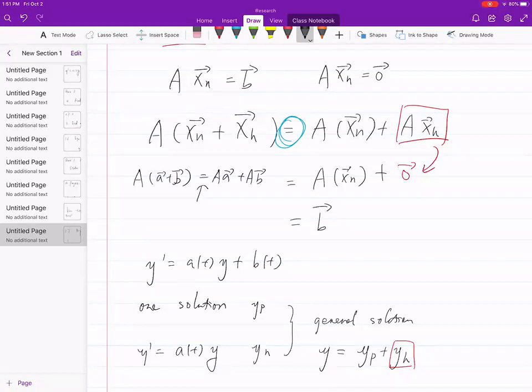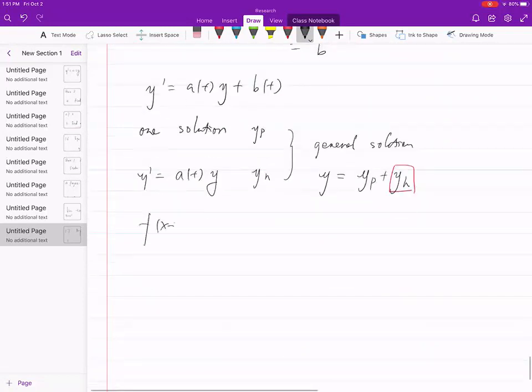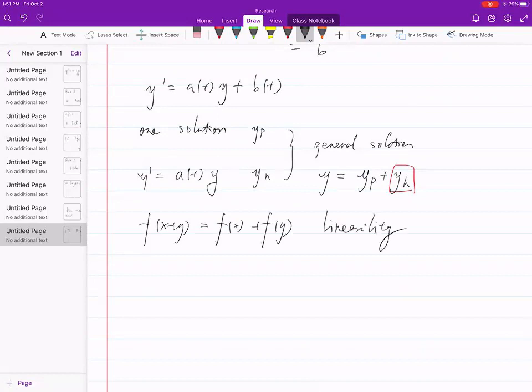Do you recall how we call this property? We're basically saying f(x plus y) equals f(x) plus f(y). That's called linearity. That means your function is linear. Now, all the pieces are here. That's why we're talking about linear differential equations here, because if you are not linear, all the analysis I just did does not work. You have to be linear.